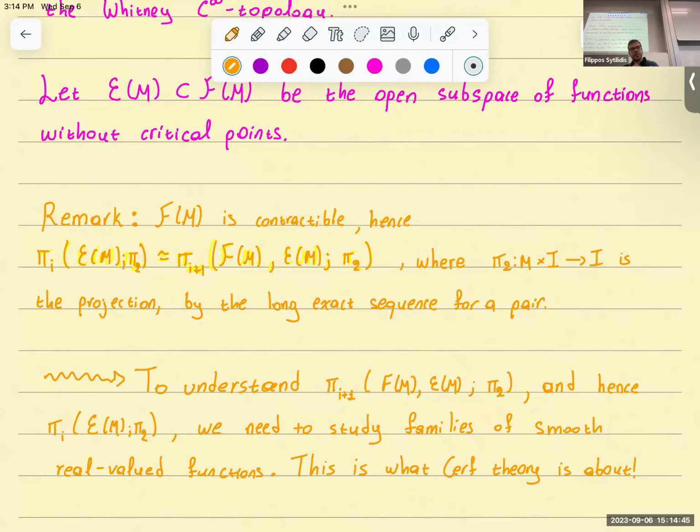Can you just say a sentence or two about what homotopy groups of pairs are? Yeah, so let's think of pi 1 of this pair. If I just asked you to calculate pi 1 of epsilon of M centered at pi 2, you would have to look at all loops that are based at pi 2.